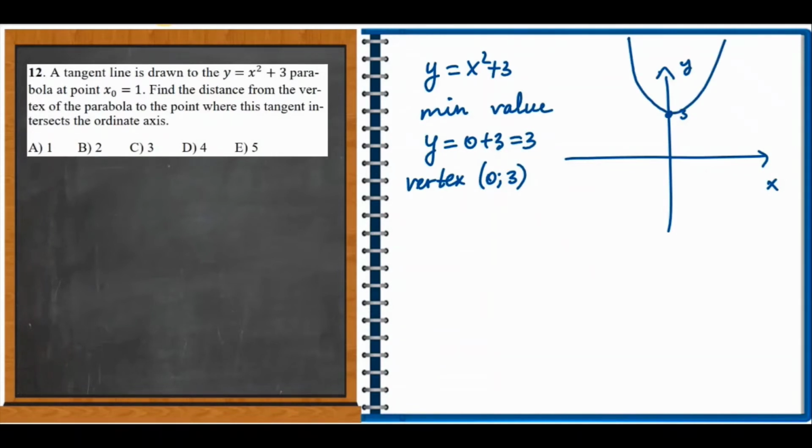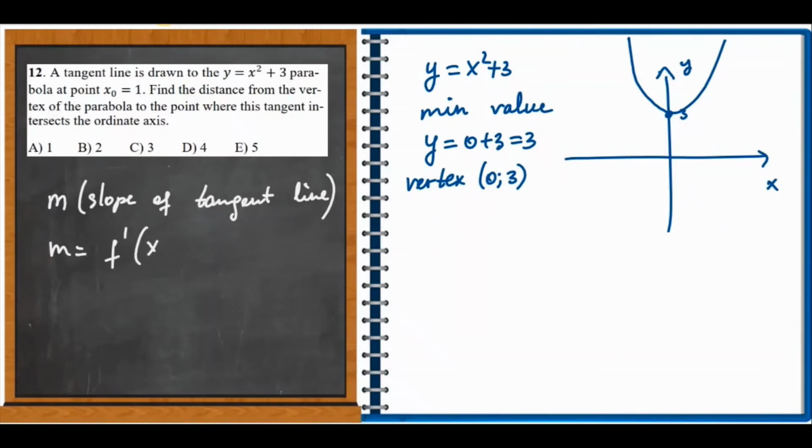Now, we must know that when here's a tangent line, the slope of the tangent line, let's write the slope of the tangent line, it's m. m is equal to, for example, if we have a function f(x), this is the derivative of f(x) at the point x0. So that's going to be the slope of the tangent line drawn at the point x0.